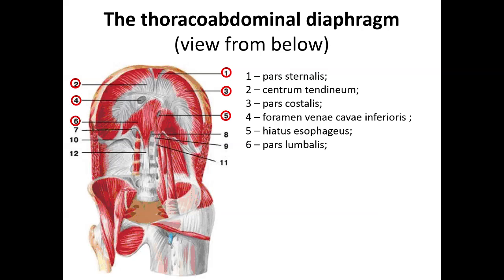So pars sternalis, number 1, pars costalis, number 3, and pars lumbalis, number 6. Why such a name, pars lumbalis? Because it originates from lumbar vertebrae, from the corpus of lumbar vertebrae.